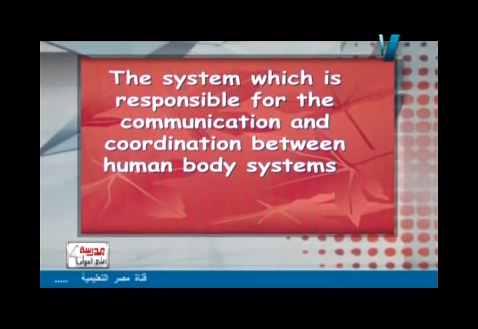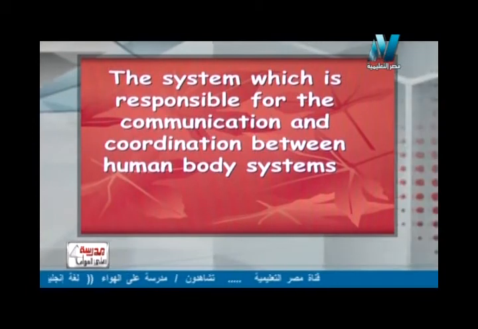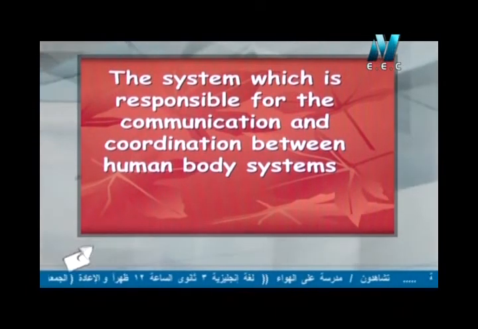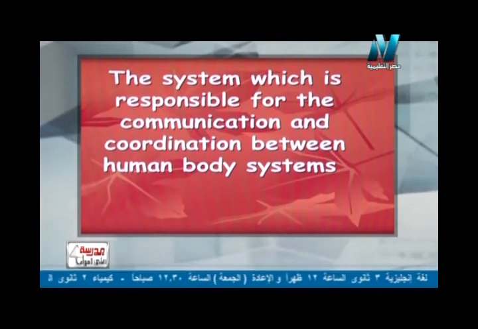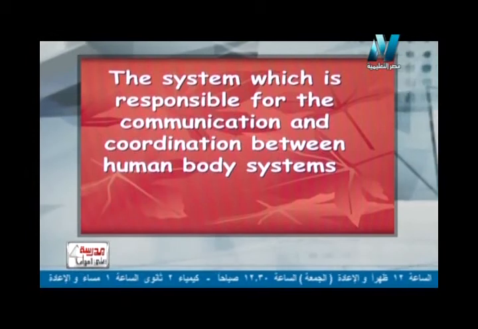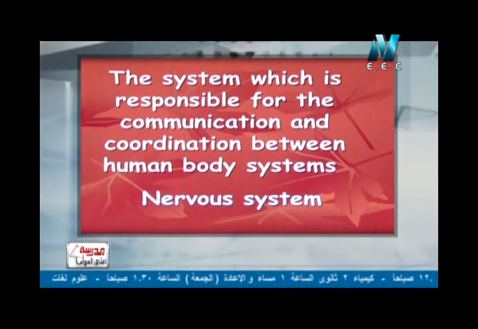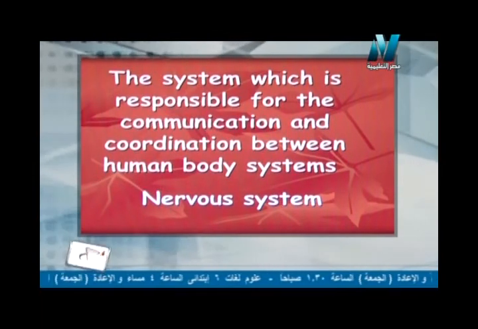Another question. The system which is responsible for the communication and coordination between human body systems, surely it will be the nervous system. Nervous system أو الجهاز العصبي هو الجهاز المسؤول عن كل حاجة في جسمنا تقريبا.